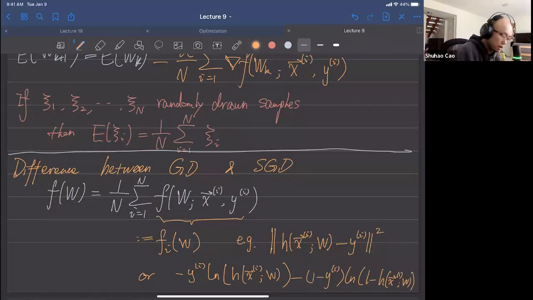And of course, when we talk about classification problem, we kind of abuse this notation a bit. This means we already applied the sigmoid function on our output here. So this is the element-wise loss.